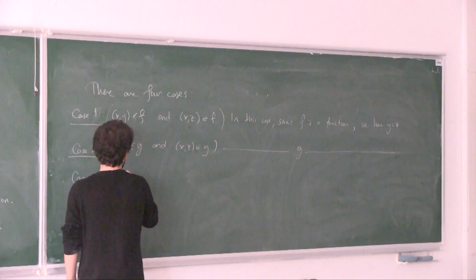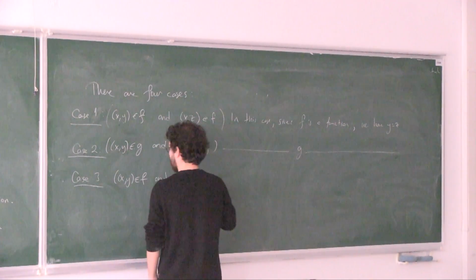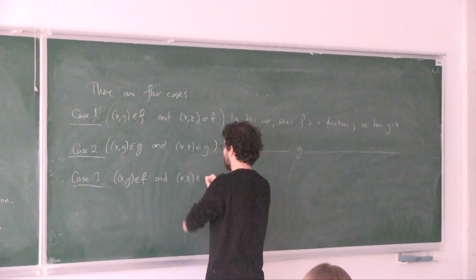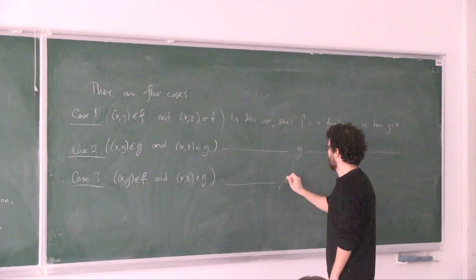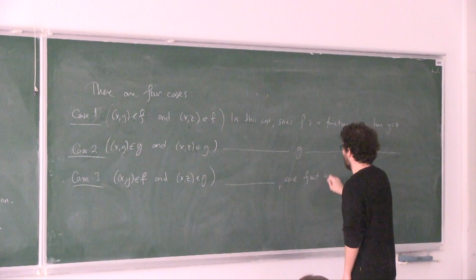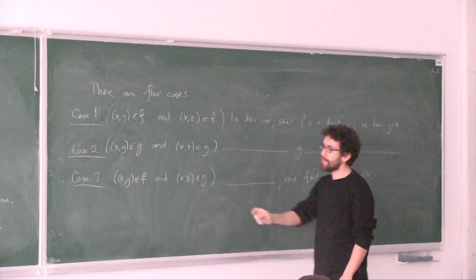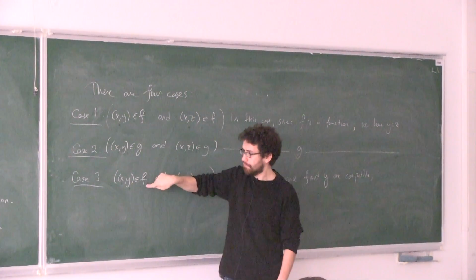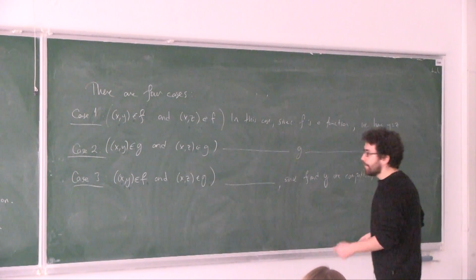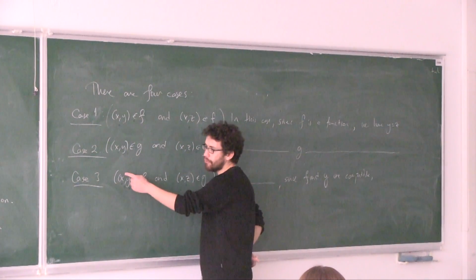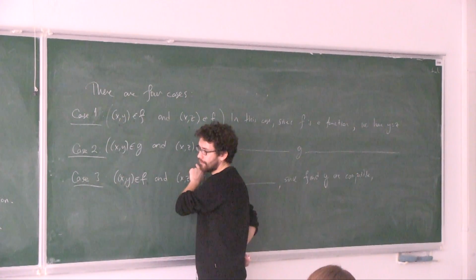Case 3, the first one comes from f, the second one comes from g. In this case, we use the compatibility assumption. Now, x belongs to the domain of f, by definition of the domain of a function. x belongs to the domain of G. By compatibility, for all sets in the intersection of the domains, these functions take the same value.